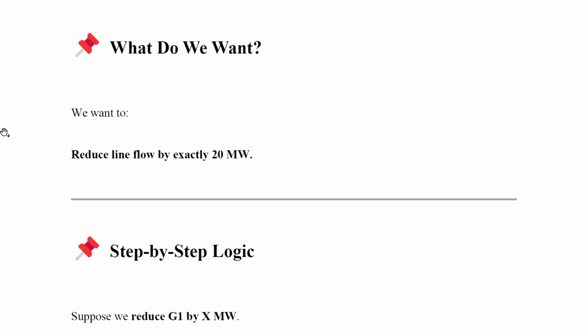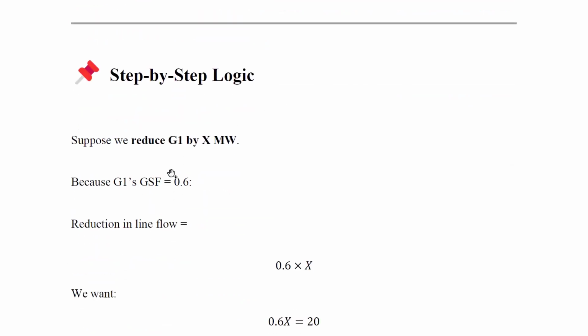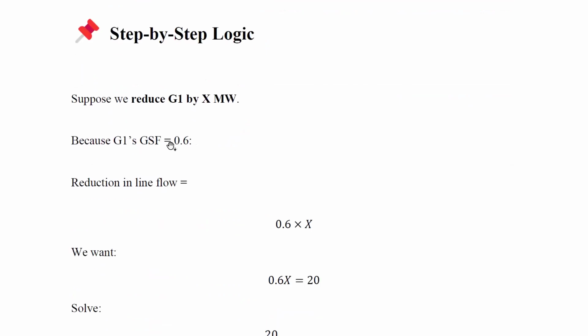Next, if we want to reduce the line flow by exactly 20 megawatt, suppose we need to reduce generator 1 by X megawatt. Because generator 1 GSF is 0.6, this reduces the line flow by 0.6 times X megawatt.